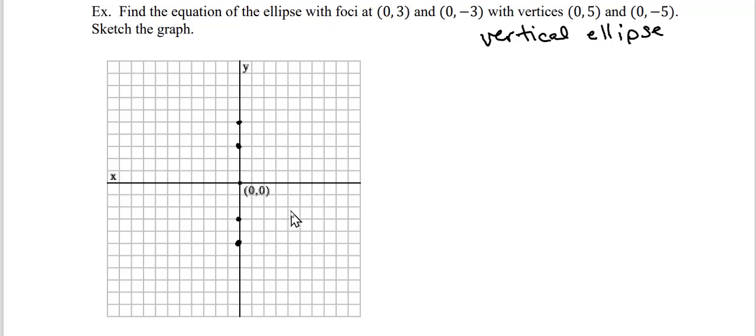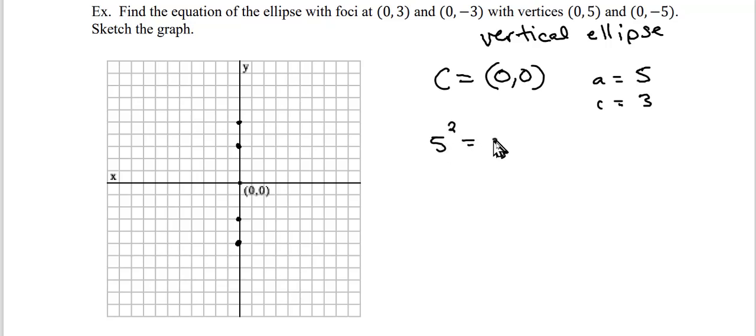So let's see here. First of all, we know that the center will be 0, 0 because the center is right in the middle of either the foci or the vertices. We also know that that makes A, what we called A above there, but really I'm thinking of it as the biggest distance, 5, and C is 3.